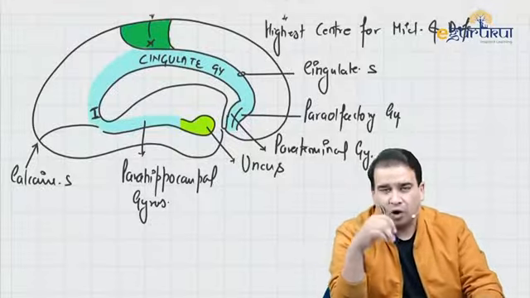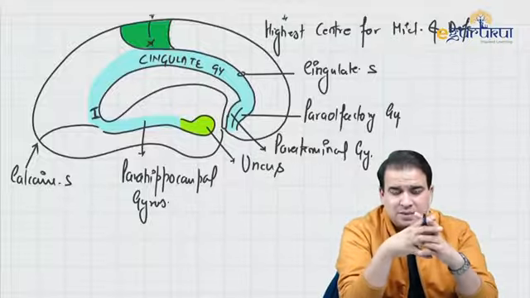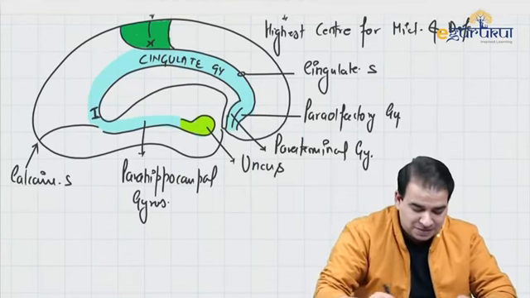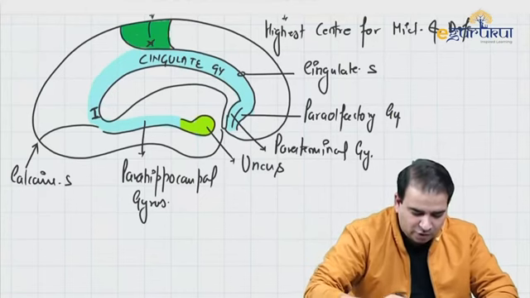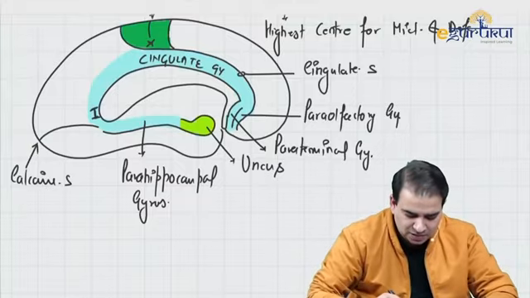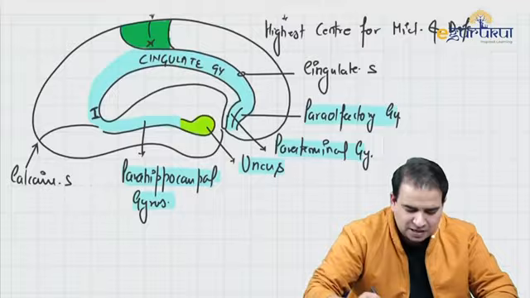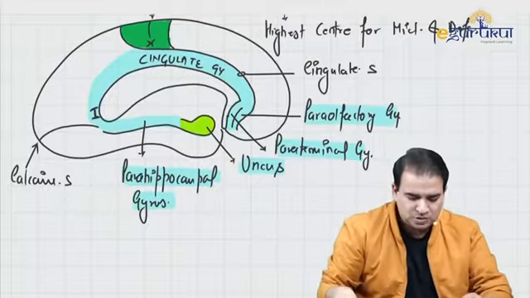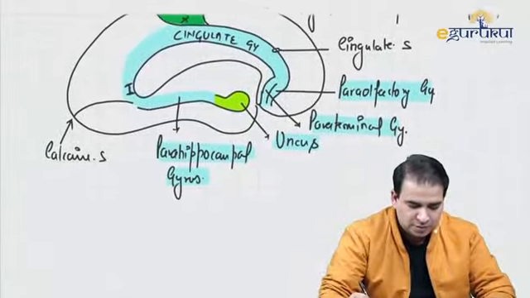Whatever I've highlighted here, all these areas in the core of the cerebrum, the oldest part of the cerebrum, obviously, that's why it is in the core, are all components of the limbic system. Please note that. The parahippocampal gyrus, uncus, para-terminal gyrus, para-olfactory gyrus, cingulate gyrus and isthmus are all components of the limbic system, seen in close vicinity along with the corpus callosum.